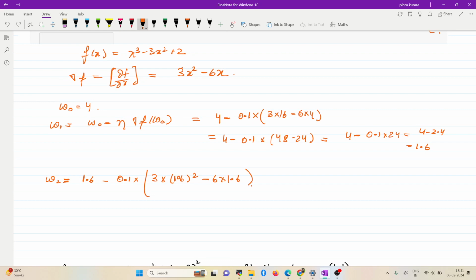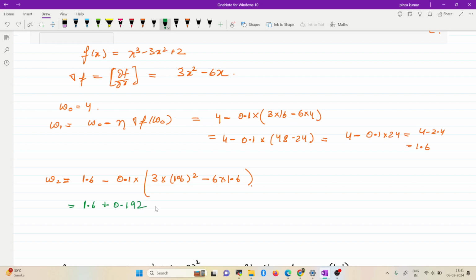It's minus 1.92, the gradient at 1.6. If you multiply with 0.1, this would be plus 0.192, right?